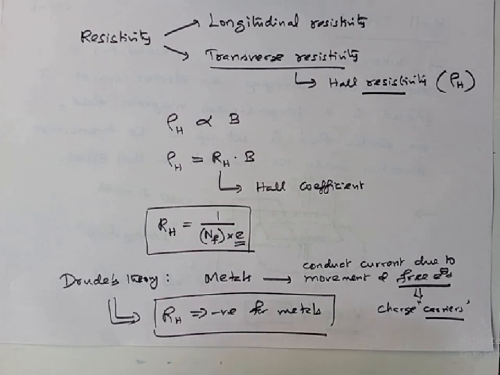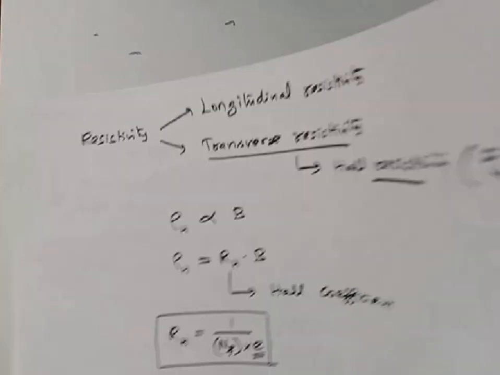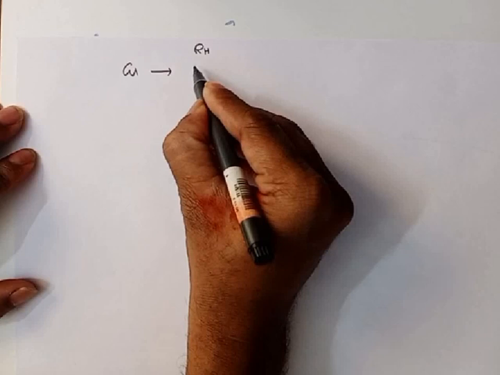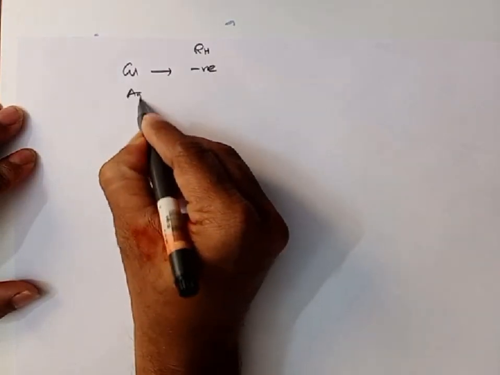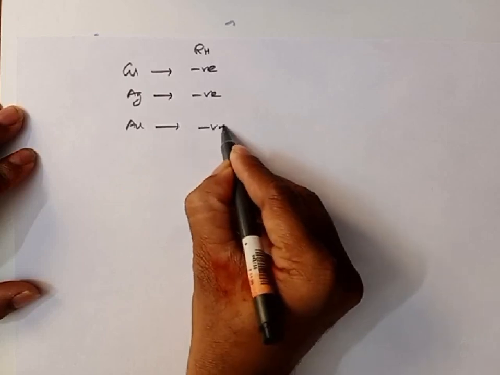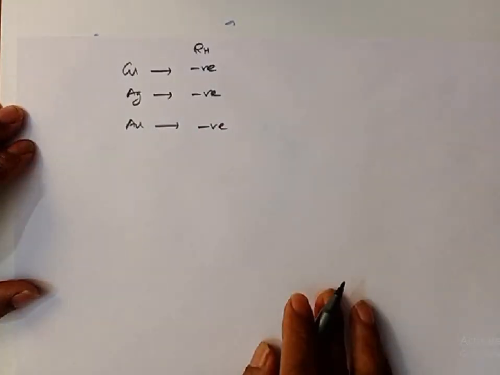Yes, for many metals this prediction is correct, but for some metals it is quite wrong. I'll give some examples. For copper, the Hall coefficient is negative. For silver, negative. For gold, negative. For many metals it is negative.